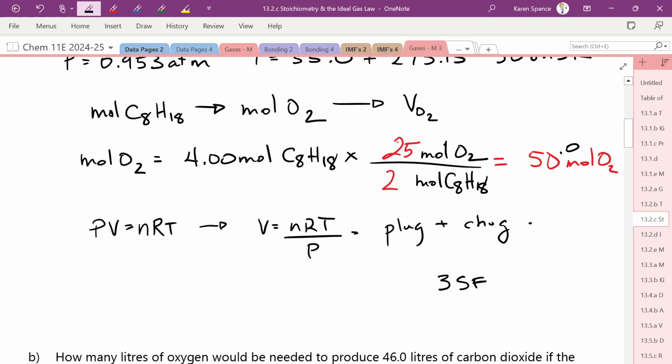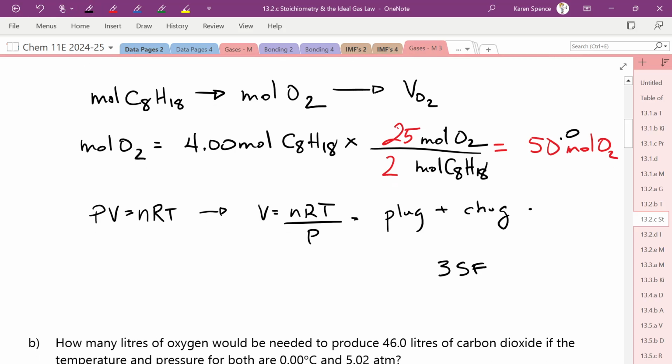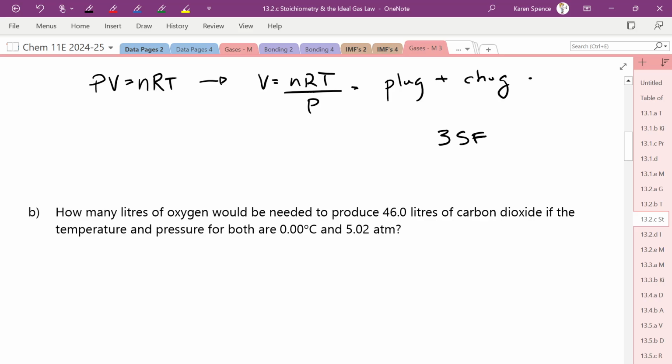The answer to this example is in the answer key if you want it. How many liters of oxygen would be needed to produce 46 liters of carbon dioxide if the temperature and pressure of both are 0 degrees Celsius and 502 atmospheres? How many people feel like they probably could do that one? It's the same equation.